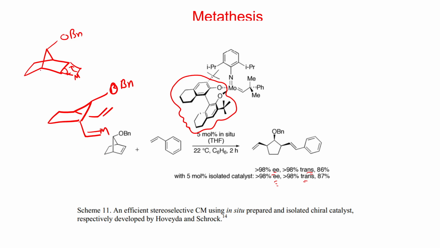So what happens? The stereochemistry of this carbon cannot be affected because they are not participating in the reaction mechanism. So that inherent property is maintained, and all are seen. So here you are seeing all are seen.